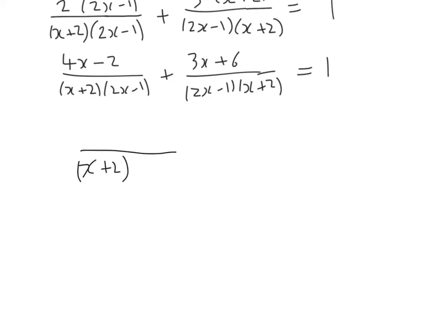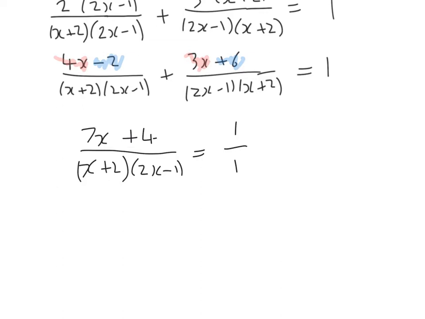The common denominator is x plus 2, 2x minus 1. The numerator: we have 4x and we're adding on 3x, so that gives 7x. And then we have a minus 2 and we're adding on positive 6, so that gives 4. And that equals 1, or 1 over 1.